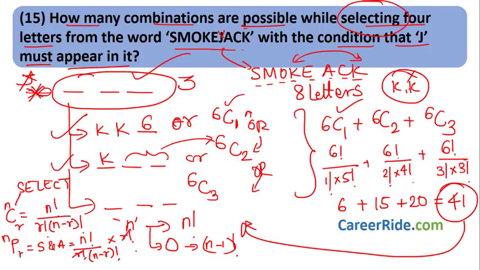So this gets cancelled. So what is the formula for permutation? This is the formula, n factorial upon n minus r factorial. Even if you don't remember the formula for permutation, it is fine. If you remember the formula for combination, you can derive the permutation formula, because combination is select, permutation is select and arrange. Okay, very easy. Just remember these things.